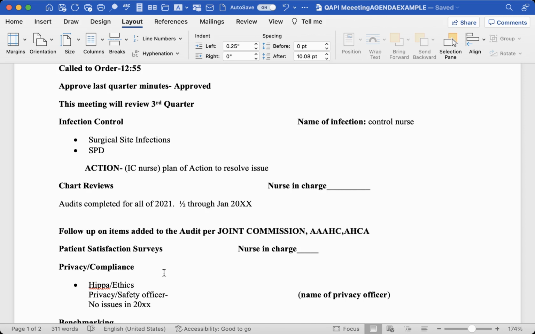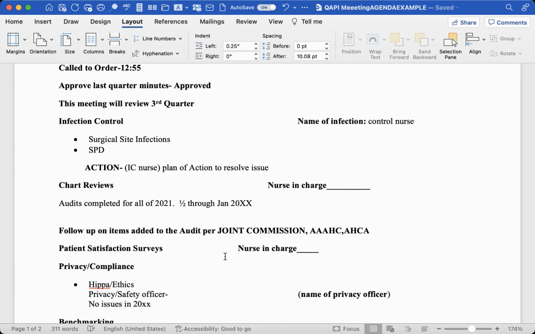So those issues that you were cited on or that were observed to not be in compliance with the accreditation bodies or the state surveyor, you want to make sure you focus on those things. So if there is a revisit, those items will be addressed, because usually they will have a copy of the previous survey and they will be focused on those areas that they found not compliant. So you always want to check those to make sure that you're in compliance.